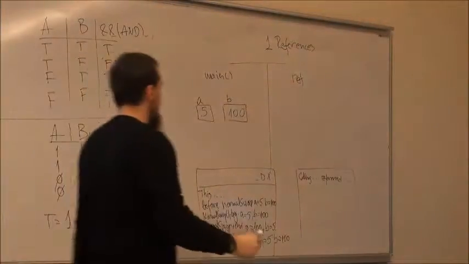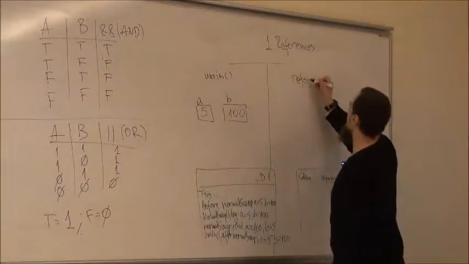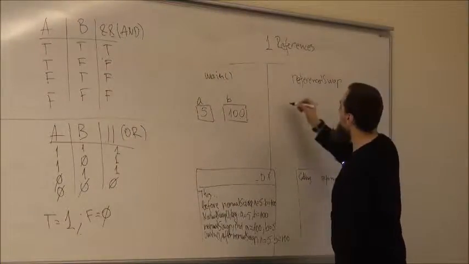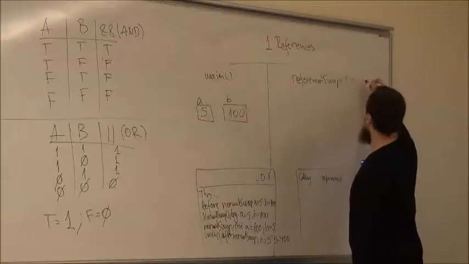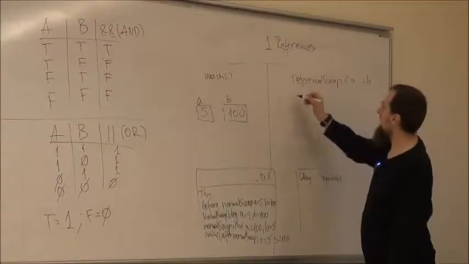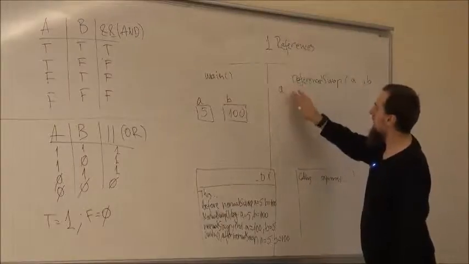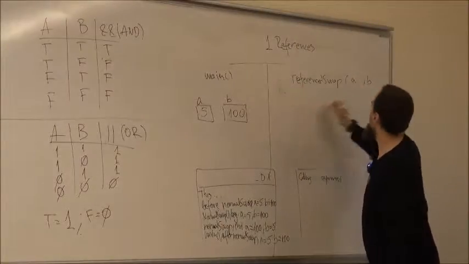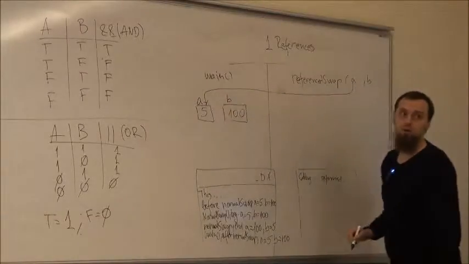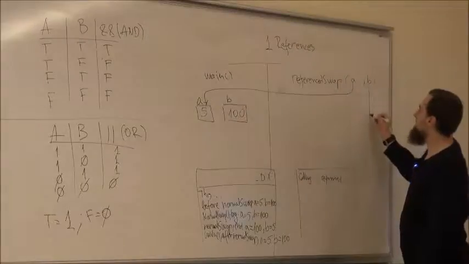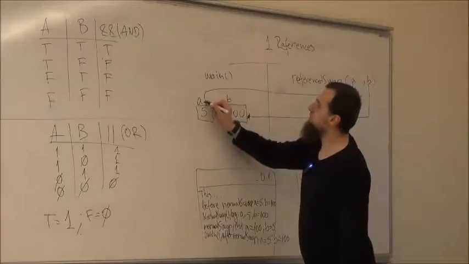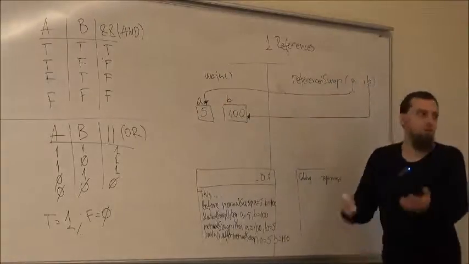So what happens? We have reference swap, and reference swap has A and B. Both of them are integers. But this A refers to this A here. We don't make a new copy. And this B refers to this B here. We still don't make a copy.